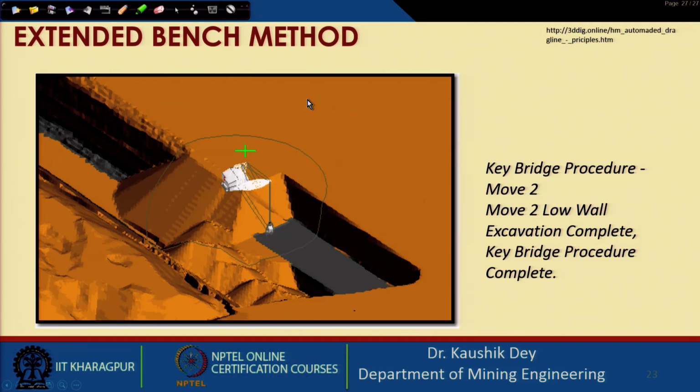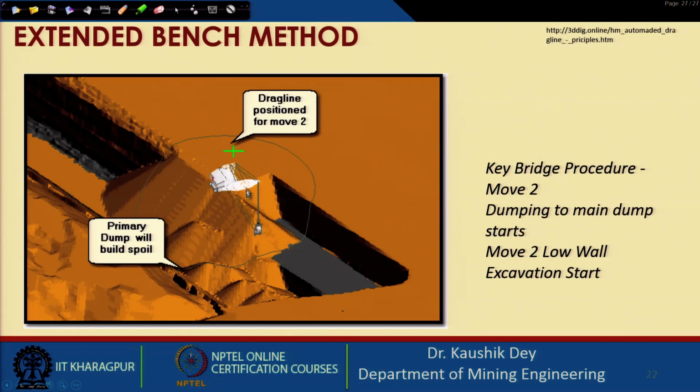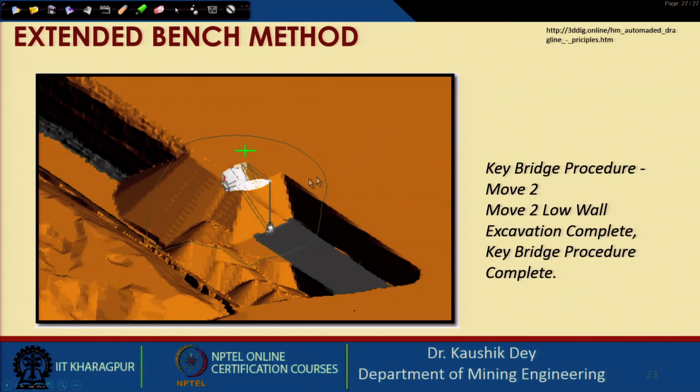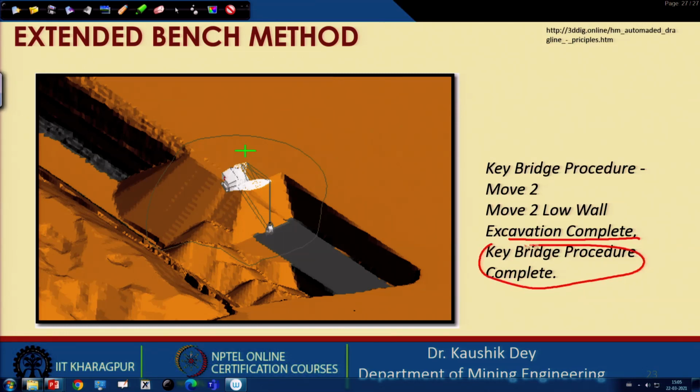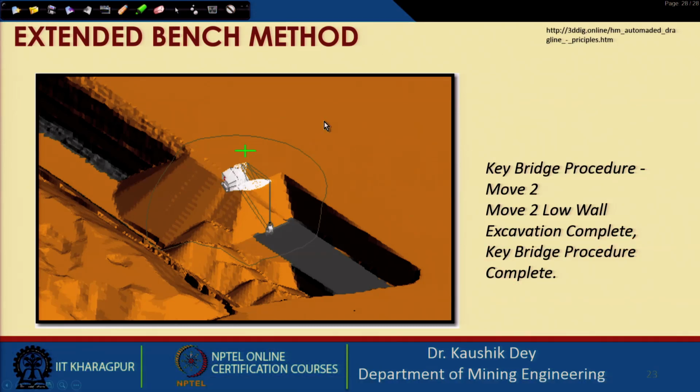Now, you can see our main dump, we have completed its excavation from this new position, so in this case the excavation is complete. The main excavation is complete and the bridge then has to be handled.